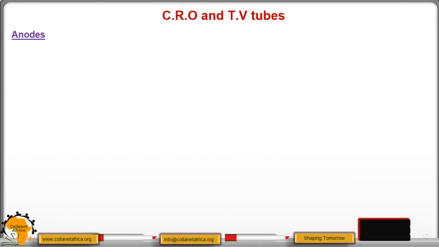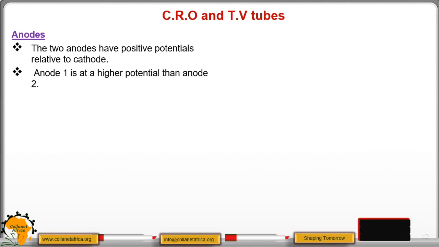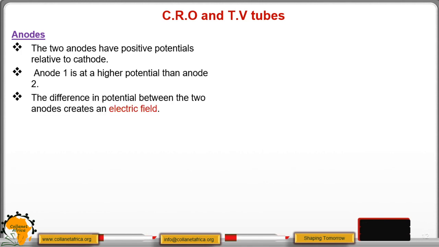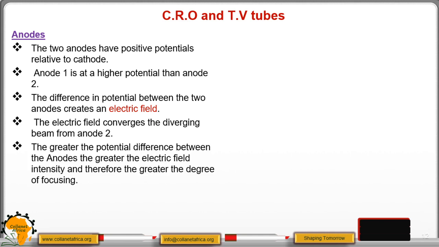From there we move to the anodes. We have two anodes: anode 1 and anode 2. Anode 1 is at a higher potential than anode 2. The difference in potential gives us what we call the electric field, and its direction is such that it converges this beam of electrons.